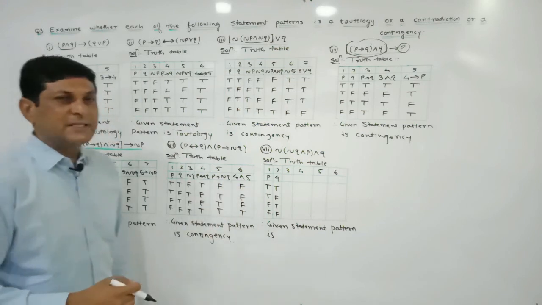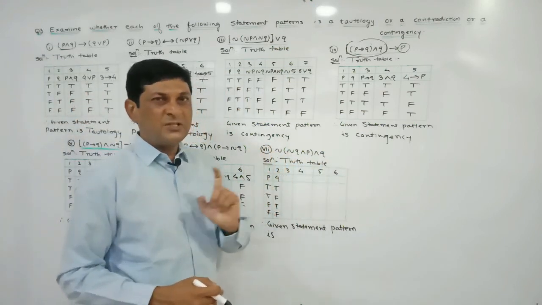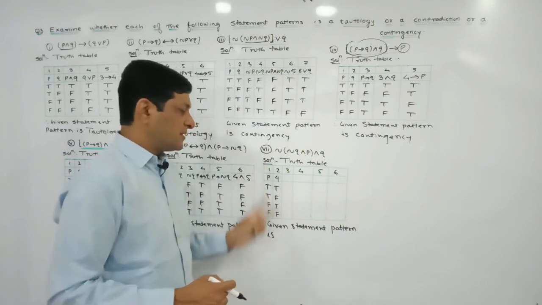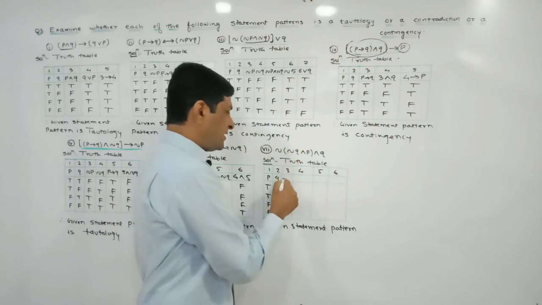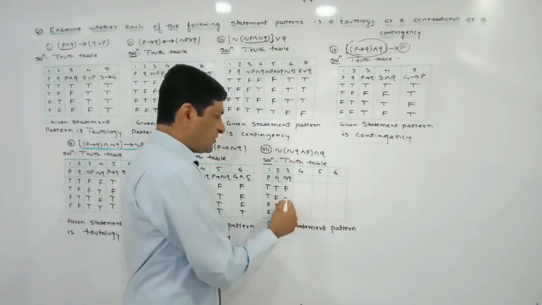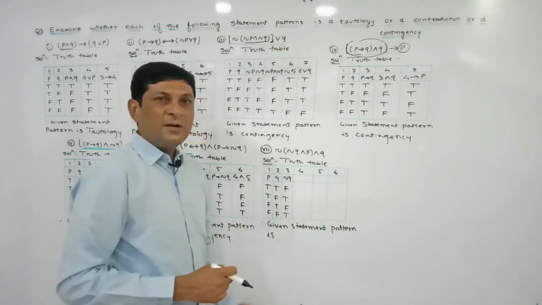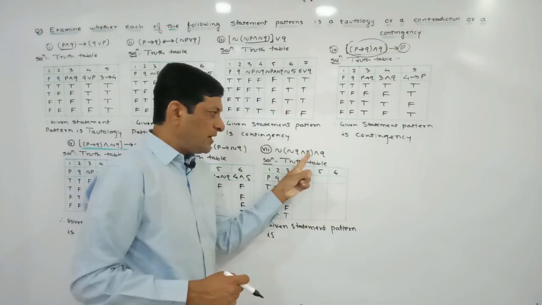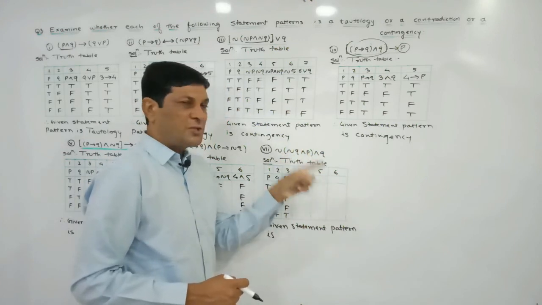Now observe the next example. In this case also two letters are there, meaning two statements are under consideration, so four possibilities of truth values are there. So first find out negation of Q. Negation of true is false, negation of false is true, negation of true is false, negation of false is what? True. Now we are connecting negation Q and P by which logical connective?